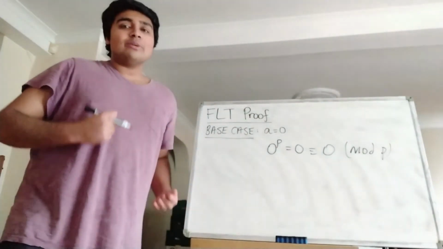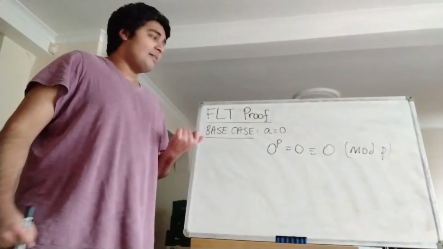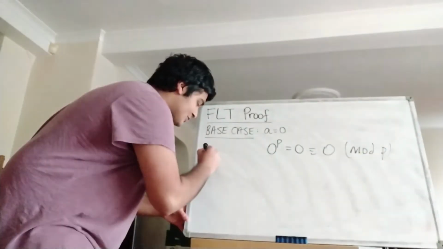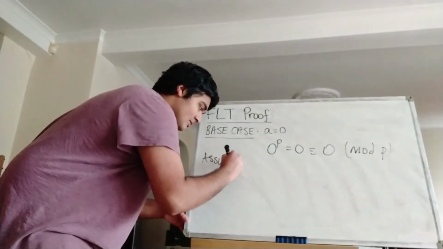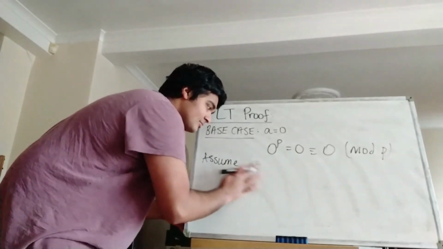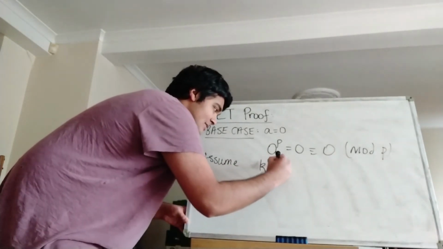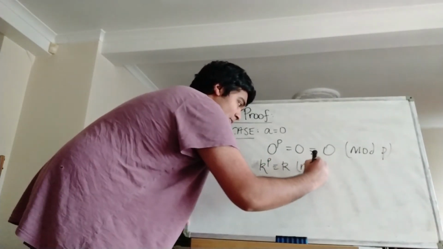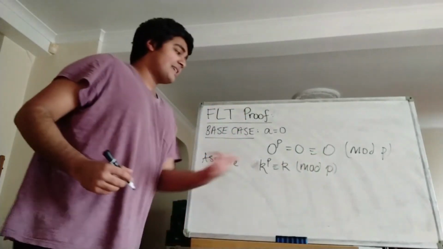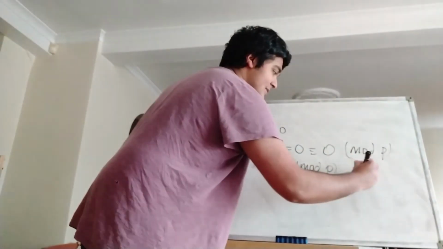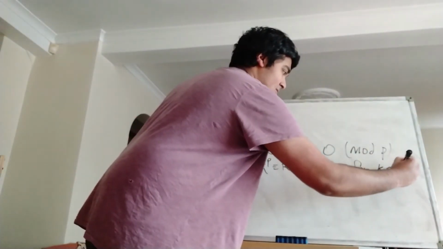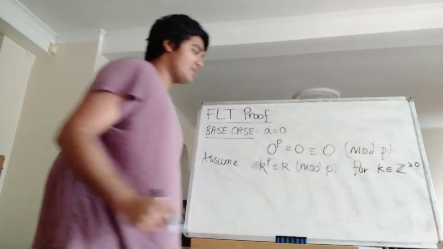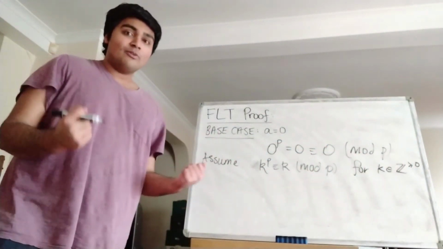So now what we're going to do is assume that it holds for some a equals k. So assume k to the p is congruent to k mod p for some k in the non-negative integers. And now what we want to do is show that this also holds for k plus 1.